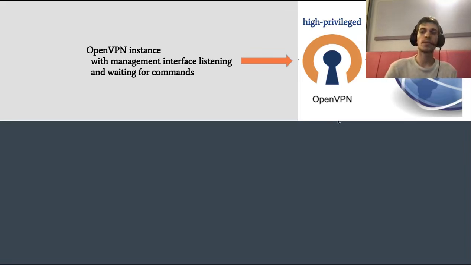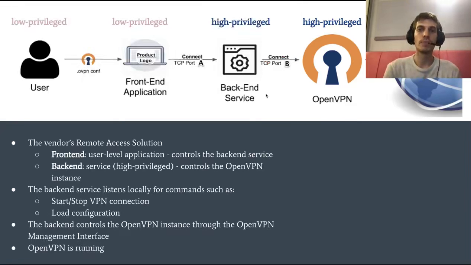And what happens usually when we're talking about remote access solutions is the following diagram. Before OpenVPN, we have a service. This is a high privileged service that is also waiting for a command, because this is a Windows service, and it receives the command when low privileged software is opened by a low privileged user. This low privileged user starts the low privileged application, which is just a front end application.